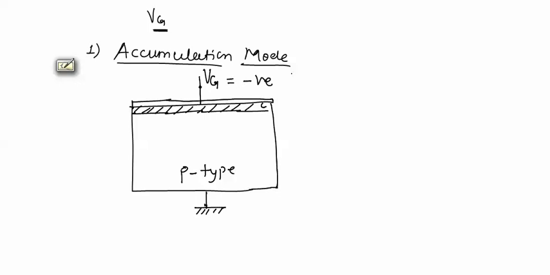If we apply a negative potential to the gate terminal, then the gate metal will be negatively charged, and this negatively charged gate metal will attract the positive charges, that are holes, near this oxide semiconductor interface.